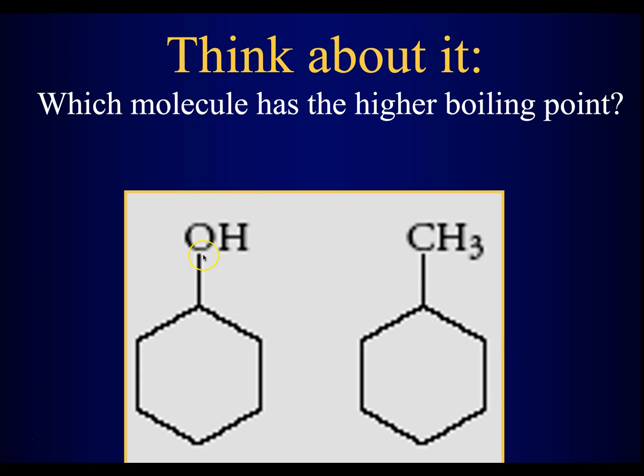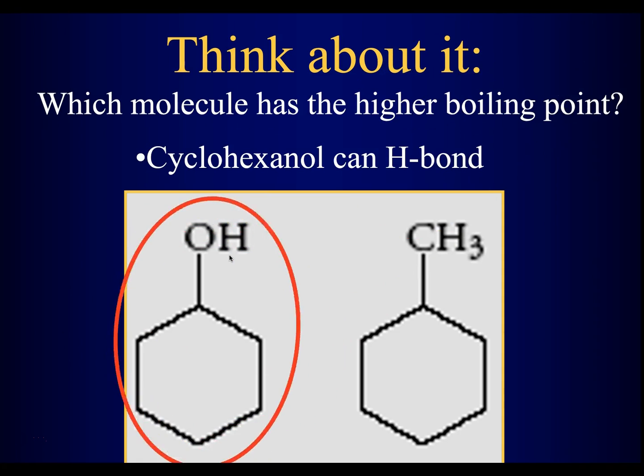If we have an OH, we have hydrogen bonding, so a higher boiling point. This will have a higher boiling point than just the cyclic hydrocarbon because I do have an additional carbon. However, the OH will always be stronger since it has stronger types of bonds. So our cyclohexanol can hydrogen bond.